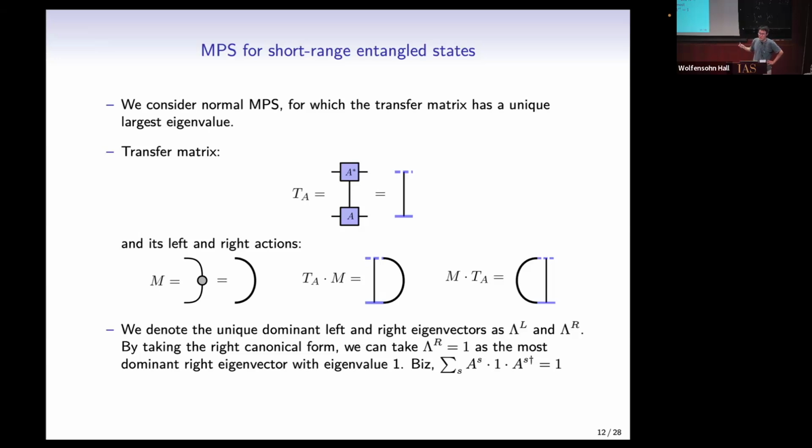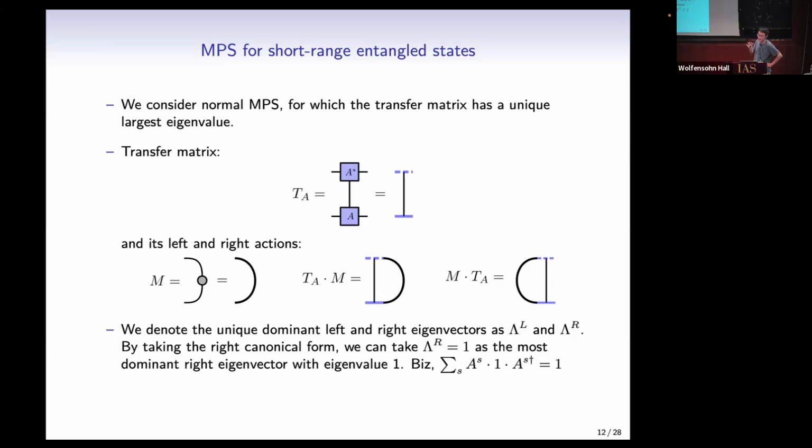And I can also make some choice such that the right eigenvector is just the identity matrix. I'm calling it a vector, but you can think of this as a matrix. So I'm taking it as a matrix. Okay, so in short, I'm interested in normal matrix product states in the so-called right canonical form. In equation, I'm interested in the class of matrix product states which satisfy this condition.